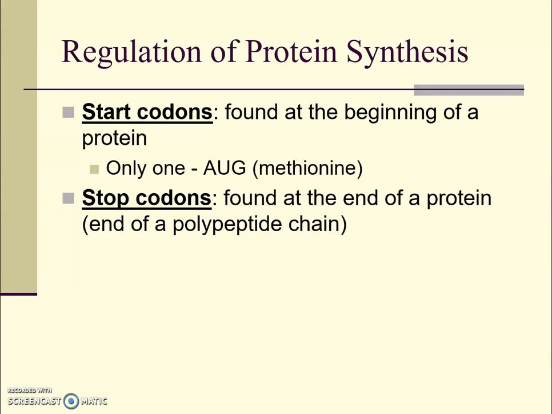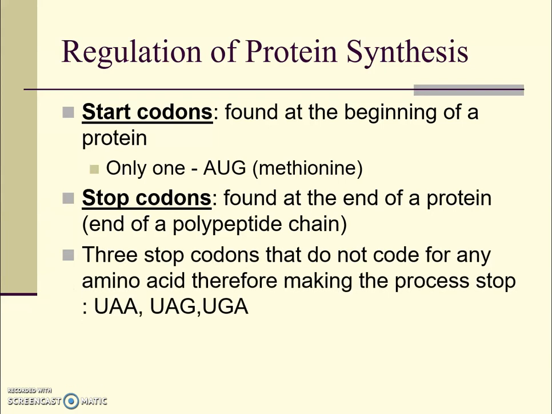So polypeptide is like raw protein, and then when you give a specific shape to a polypeptide chain, it becomes a protein. So we've already talked about the start codons and the stop codons. That's at the beginning and the end of the polypeptide chain. So there are three stop codons: UAA, UAG, and UGA.